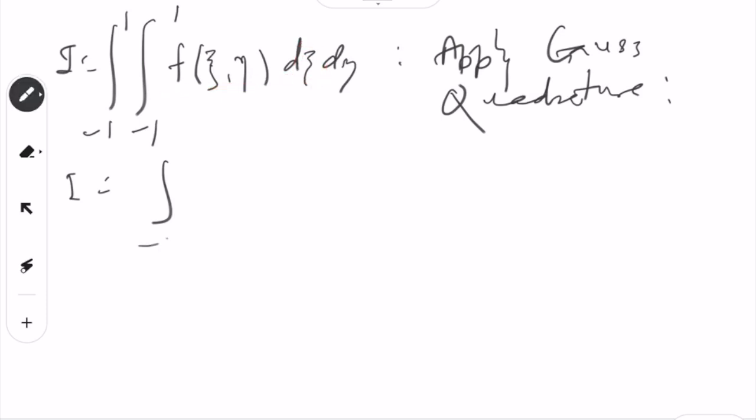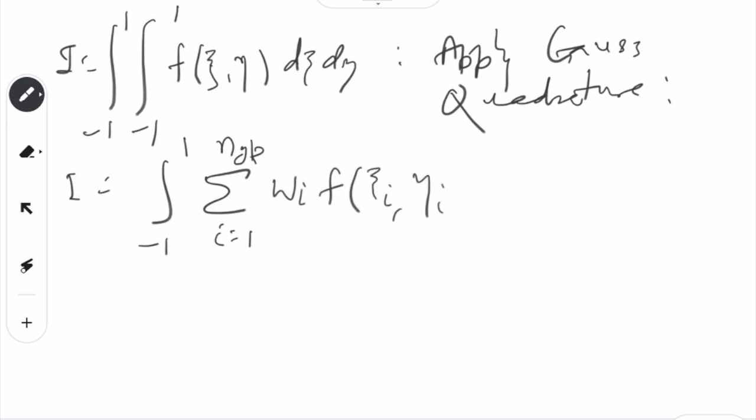For this one we can write the summation i equal to 1 to number of Gauss points, w i, f of xi i, eta, and then d eta.